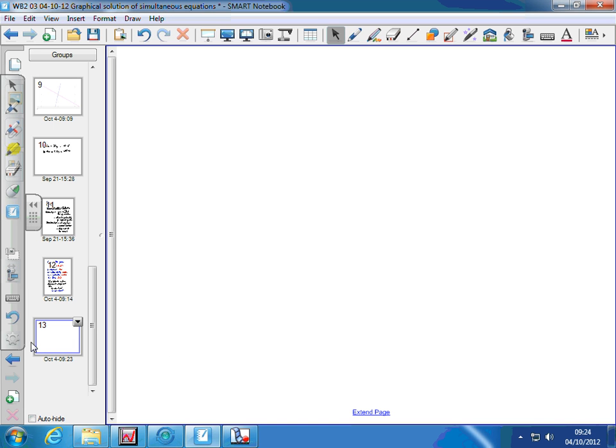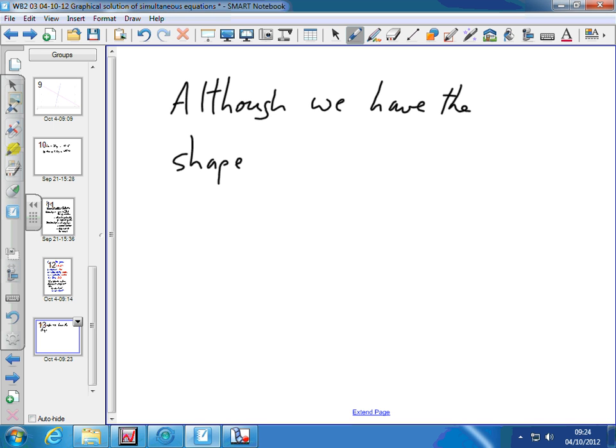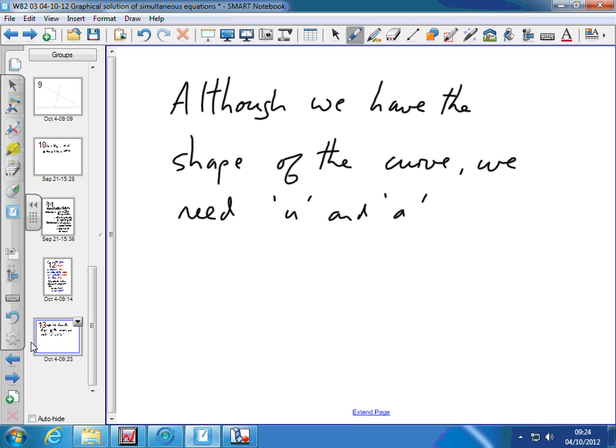Although we've got the shape of the curve, we need values for u and a, really, to be able to use it.